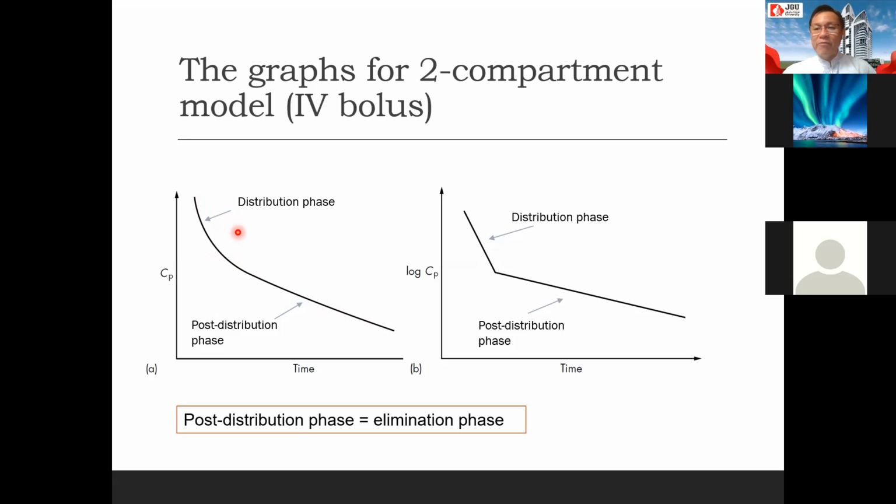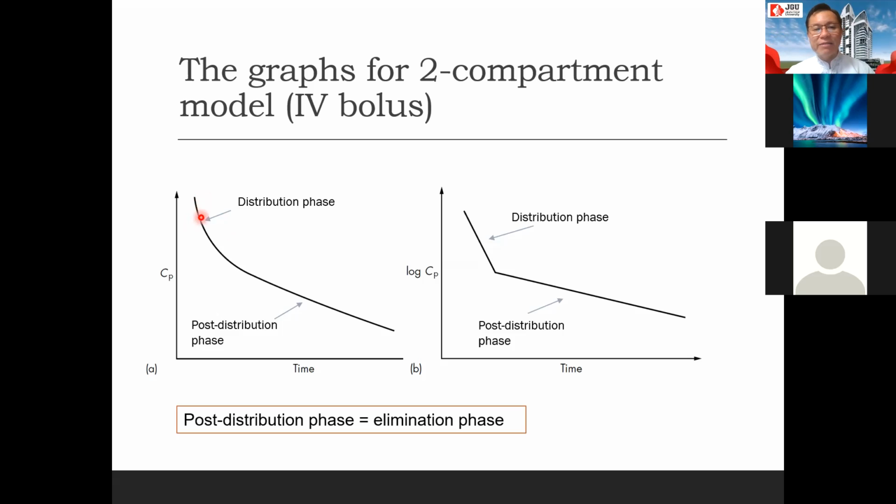But at the same time, while absorption is still going on, the drug from the blood is distributed to the tissue. And at the same time, the drug is also being eliminated by the kidney. It doesn't wait to distribute first and, after finishing distribution, only then eliminate. No, right? It is concurrent, minute to minute.